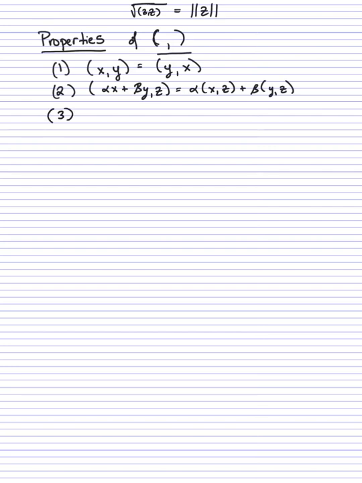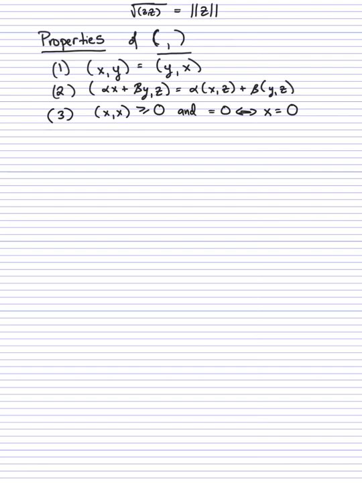You also get that if I take the inner product of x with itself, it's greater than or equal to 0, and it's equal to 0 if and only if the vector x is 0. So this inner product assigns a non-trivial real length to every non-zero vector.